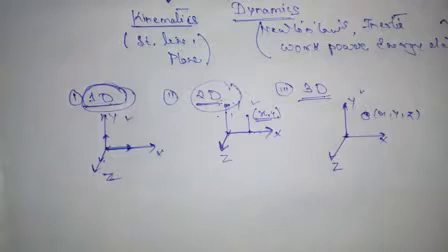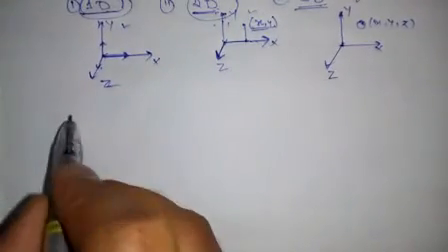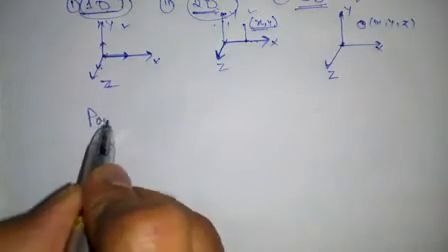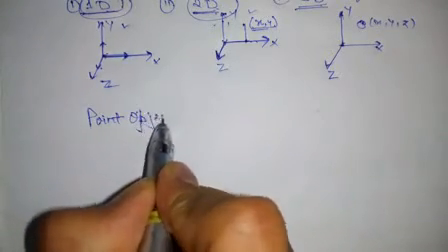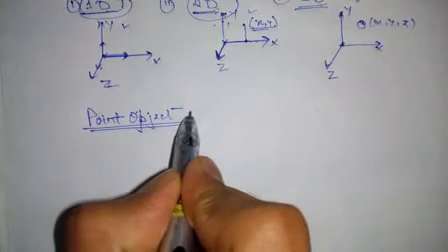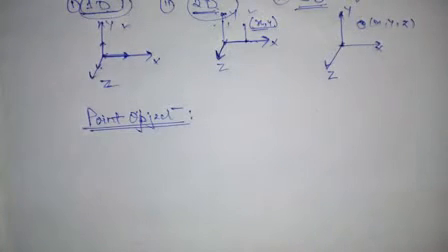But here now comes the concept of point object. Now what is a point object? Let me define it. The motion of an object, when the size and dimension of the object are ignored, it is regarded as a point object or a particle.